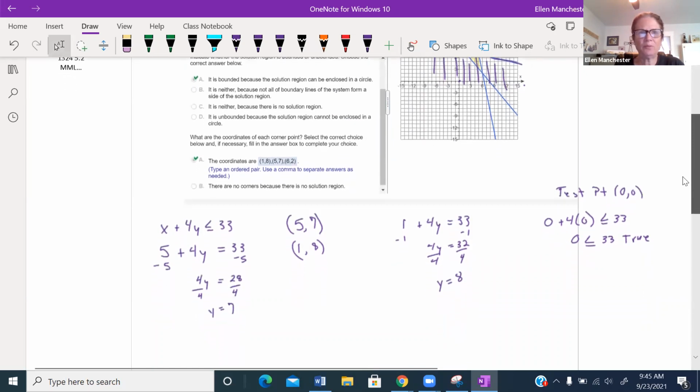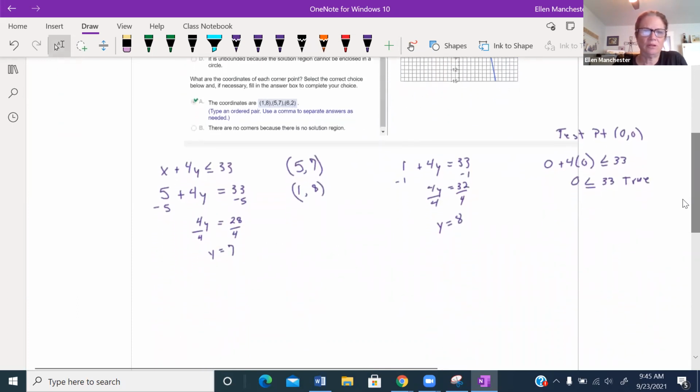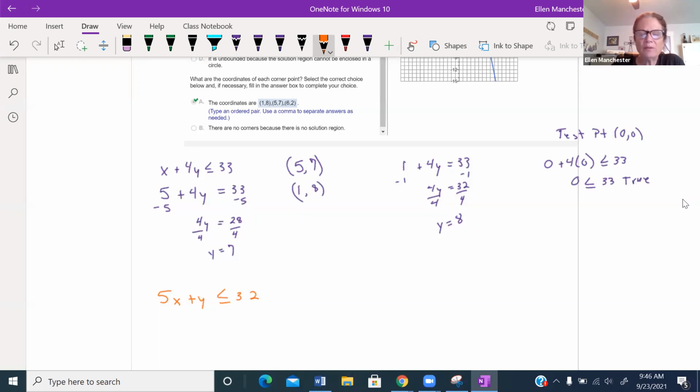Okay, so we have 5x plus y is less than or equal to 32. Okay, so again, I want to pick a value. It doesn't matter x or y. So in this case, since my y is by itself, I'm going to pick the y value. The y value, again, has to be between that 0 and 15.